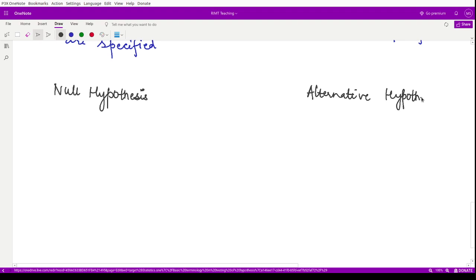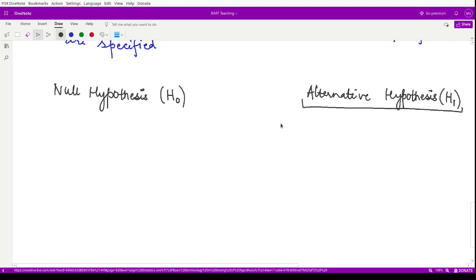So one is this null hypothesis, one is this alternative hypothesis. In null hypothesis, we use the symbol H naught, H0. In alternative hypothesis, we use the symbol H1, right? So these are the notations. Actually, whatever is our statement, we call that to be the alternative hypothesis.